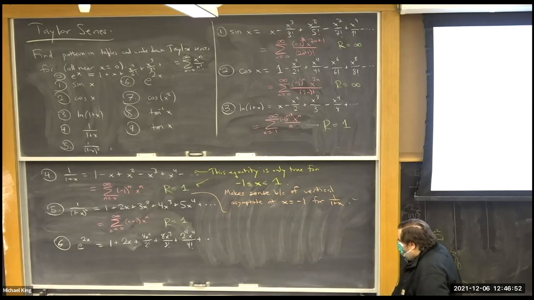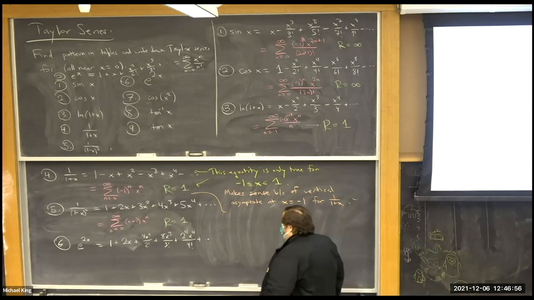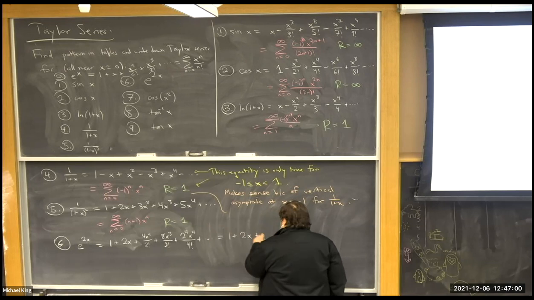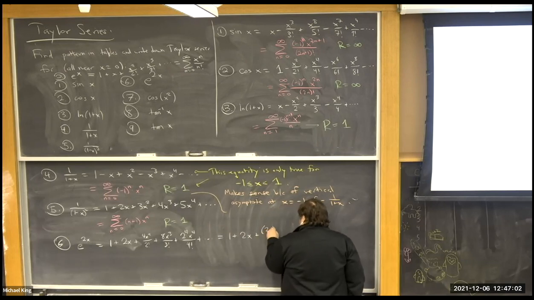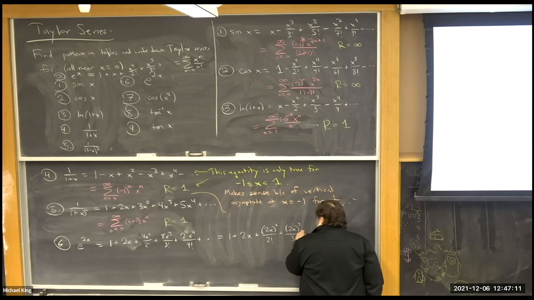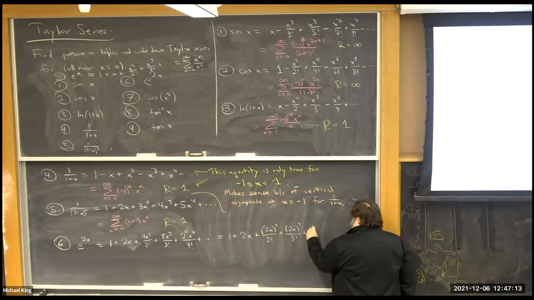But do you notice something? I could rewrite this. 1 plus 2x. 4x squared is the same thing as 2x quantity squared. 8x cubed is the same thing as 2x quantity cubed over 3 factorial. 16x to the 4th is the same thing as 2x quantity to the 4th over 4 factorial.